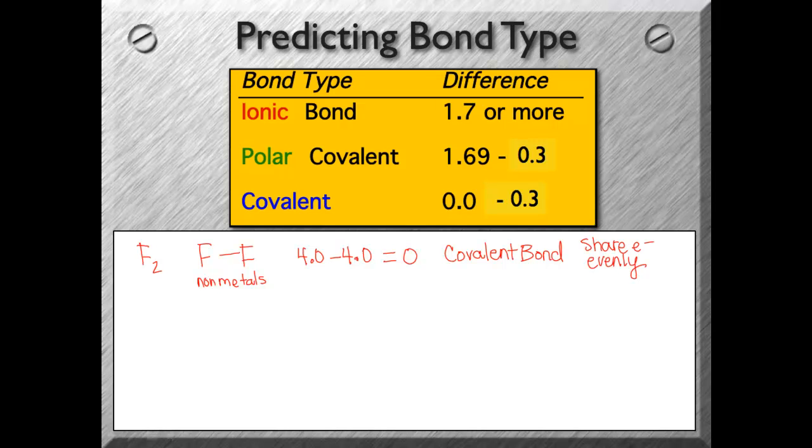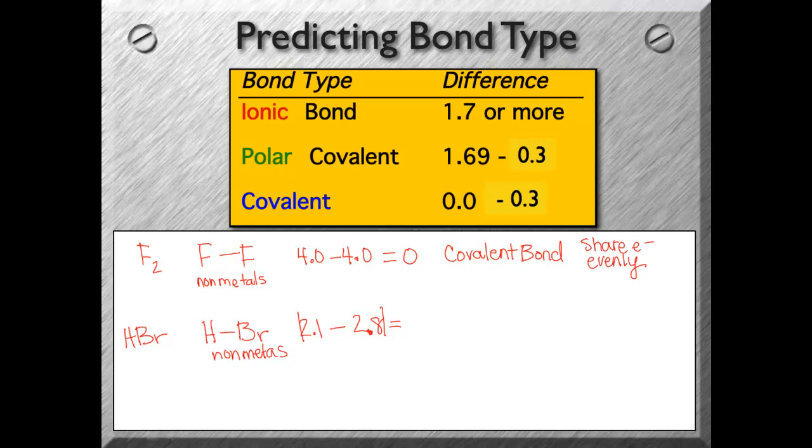If we look at hydrobromic acid, we're going to have hydrogen with bromine. Both are nonmetals. And here we're going to have 2.1 minus 2.8. And you want to take the absolute values. We don't care about negative signs.